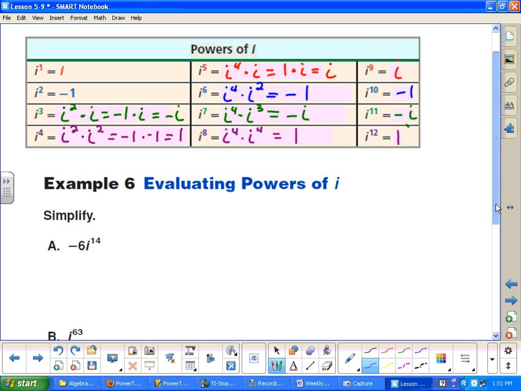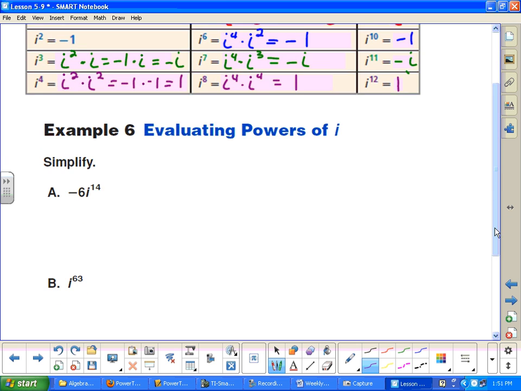And so any multiple of 4 is going to be equal to 1. And then 3, 7, and 11 are all negative i. So 1 less than 4 would be negative i, and 2 less than 4 would be negative 1, and 1 more than 4 would be i.